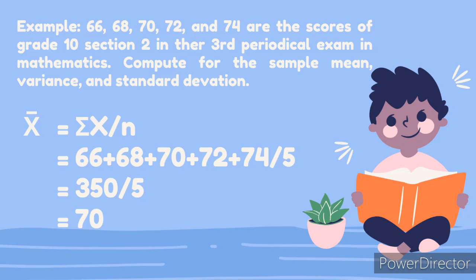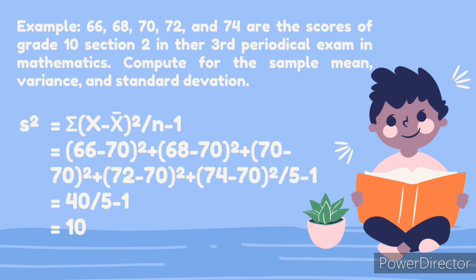Again, to get the sample mean, we need the sum of sample x over the number of elements. 66 plus 68 plus 70 plus 72 plus 74 over 5 equals to 350 over 5 is equals to 70. That means the sample mean or the average score of the sample is equals to 70.